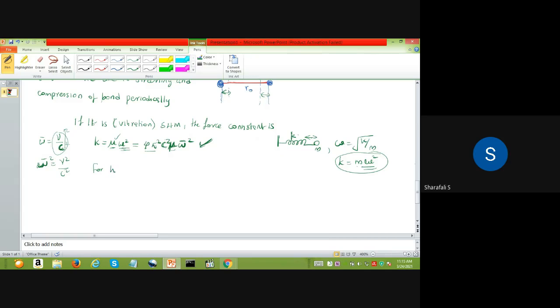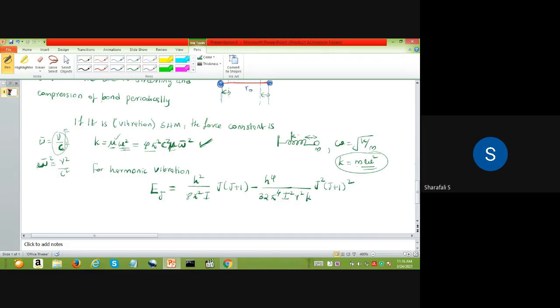So for harmonic vibration, you can write Ej, that is the energy of that particular molecule, which will be h squared by 8 pi squared I into j into j plus 1, minus h raised to 4 divided by 32 pi to the power 4 I square r square into k, j square into j plus 1 square.